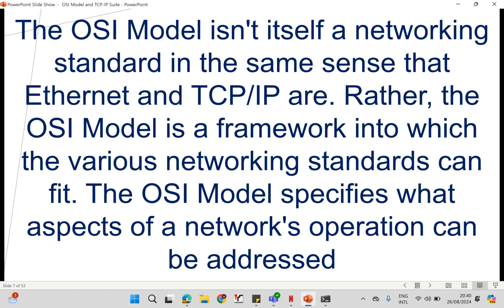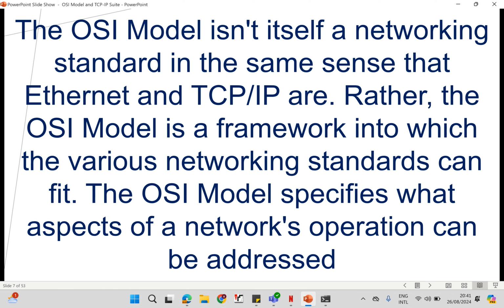Let's move on. The OSI model isn't itself a networking standard in the same sense that Ethernet and TCP/IP are. So we're going to look at TCP/IP, but when we say Ethernet, I explained something about the network interface card, where we connect to our laptop, and from the laptop to a patch panel or to a switch.